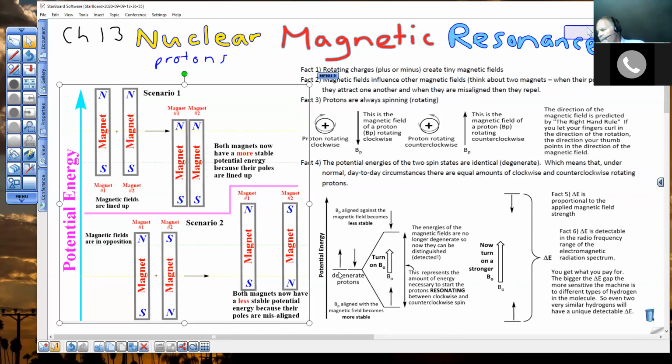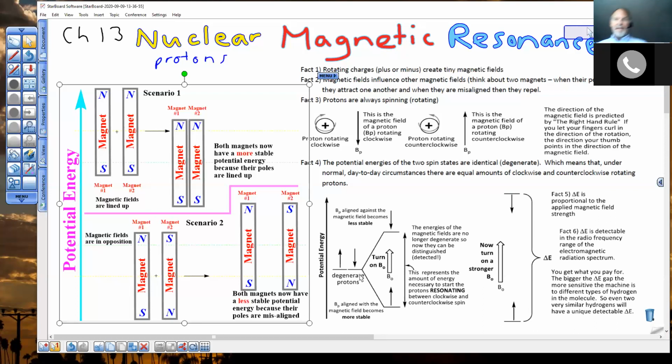All right, so here's our two degenerate protons. That means they have the same energy before we put them in an environment where there's an electromagnet. Now you could read about electromagnets on your own. They're easily made. You just have a bunch of wires looping around thousands of times and run electricity through them.